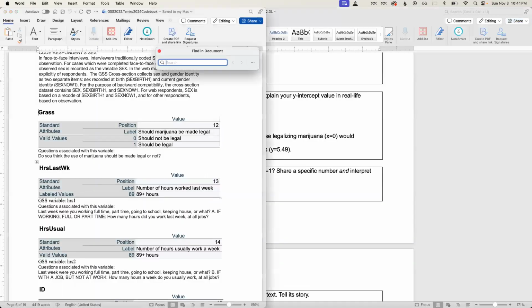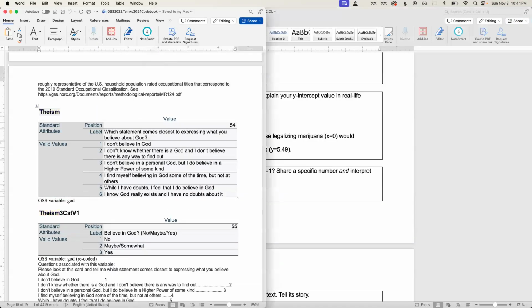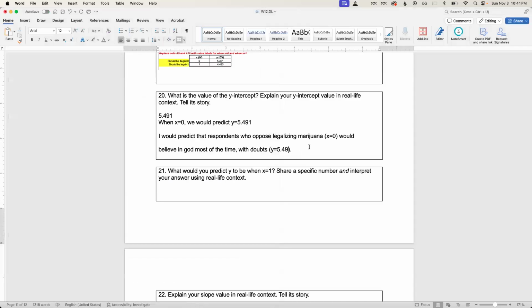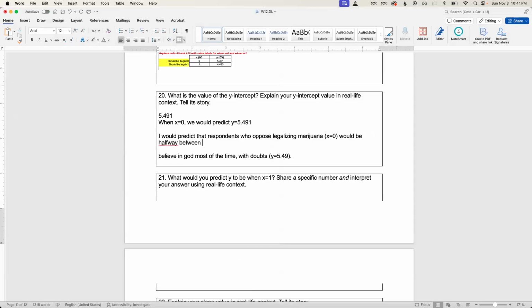So if we go back to theism, you can see a 5 is believe with doubts and a 6 is believe without doubts. So would be halfway between believing in God with doubts and believing God without doubts. So let's just say they would believe in God with only minor doubts.